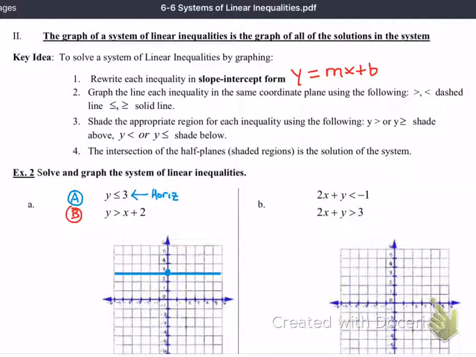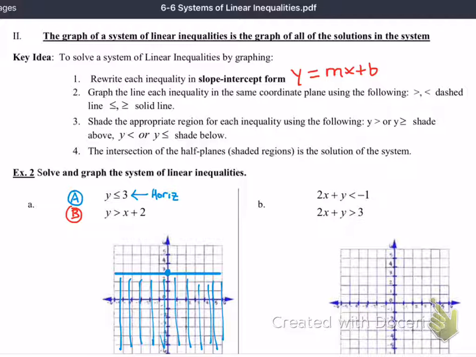There's my solid line, and y is less than 3. If you don't have markers or anything, that's fine. What you can do is for line A, shade things up and down, and for line B, shade things left and right.